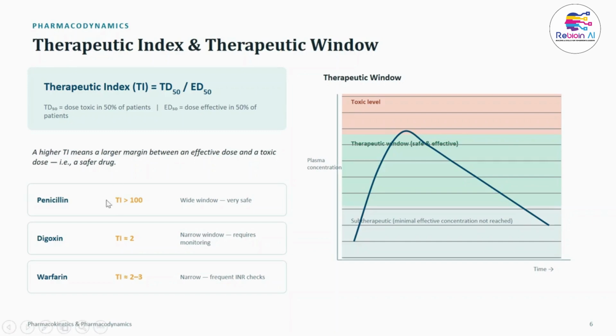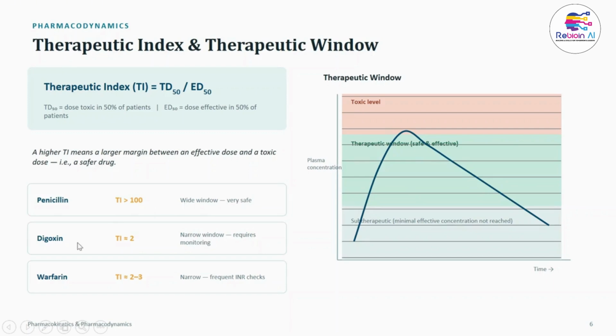For example, penicillin has a TI of more than 100, so a wide window, and it is very safe. Because of this it has a very broad therapeutic window, and it is generally considered one of the safest antibiotics.